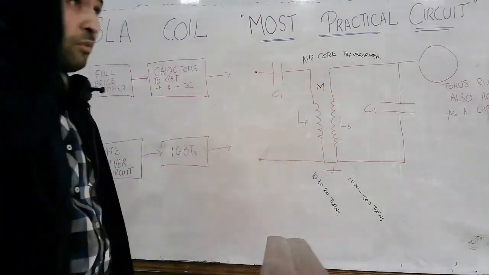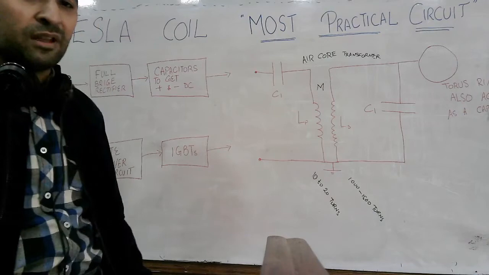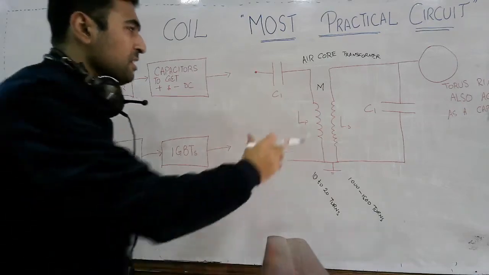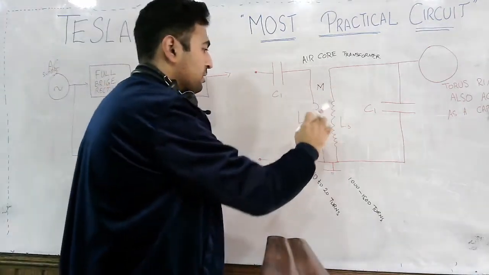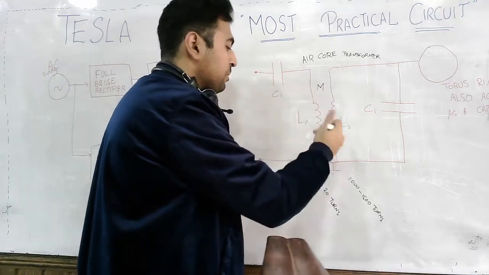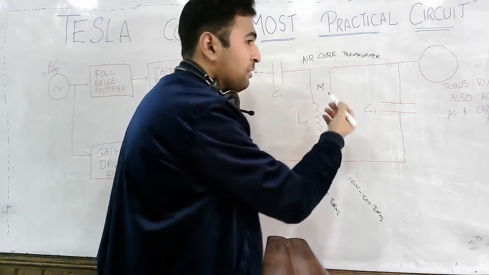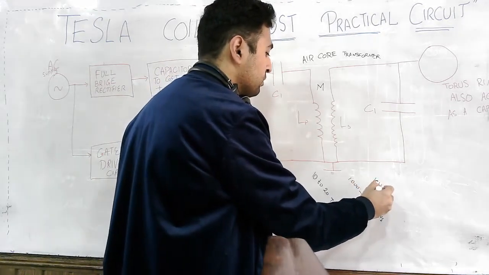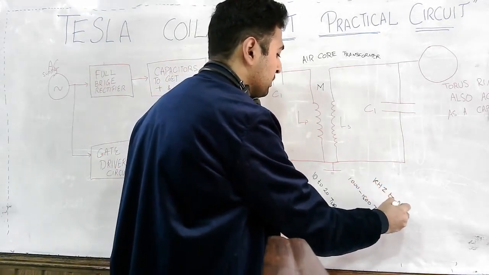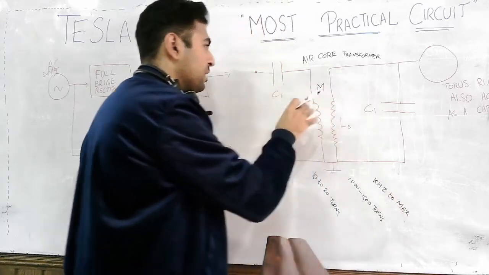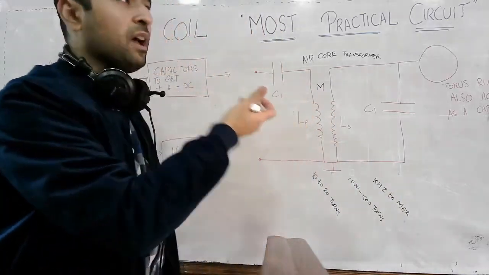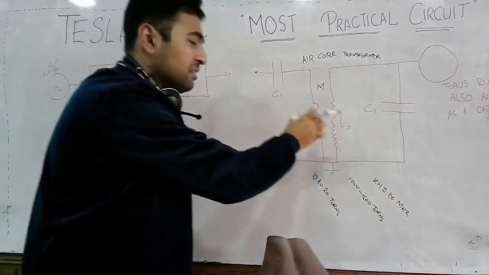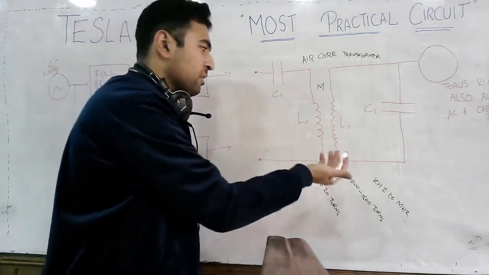Well, this is another question which is being asked in several interviews. This is an air core transformer because this transformer will be working at a very high frequency, ranging from kilohertz to megahertz. So this transformer is operating at a high frequency. That's why its size is small and it is air cored.